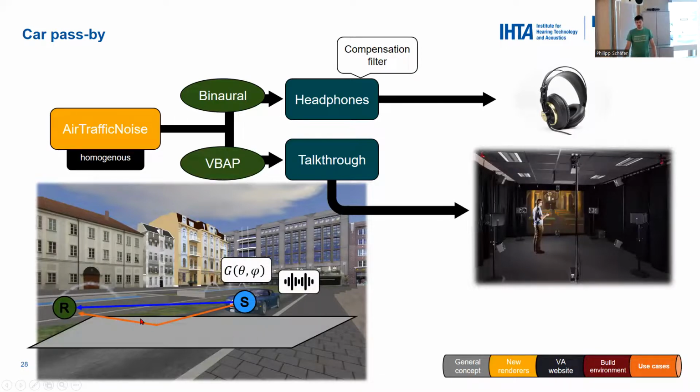We have a ground reflection, and the dominant sound paths in this case might be the direct sound and the ground reflection, and then it might be a suitable approach to use this renderer for a car pass-by also. Even though it's called air traffic noise, you might use it here as well.